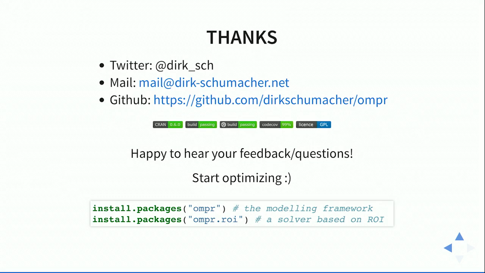So you can say in CBC time limit equals 60 seconds. And then in terms of strict inequalities, some solvers offer dedicated support for it, but I don't know if ROI supports them. I guess you have to use the usual techniques, like subtracting an epsilon or something.